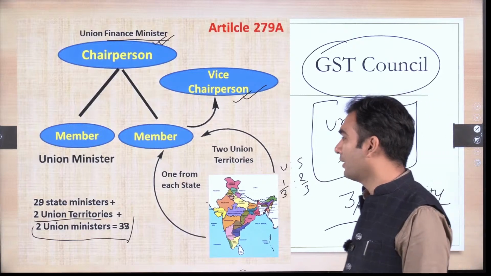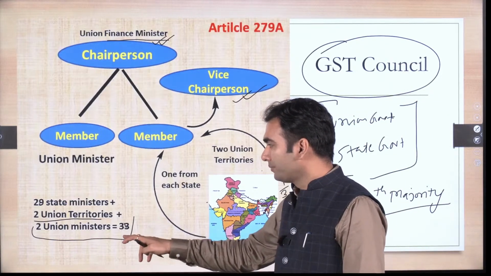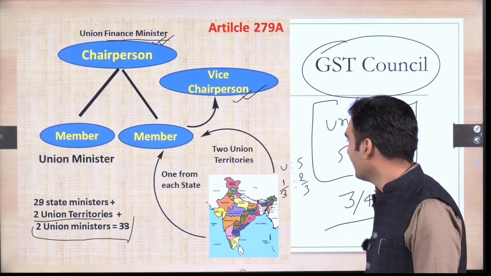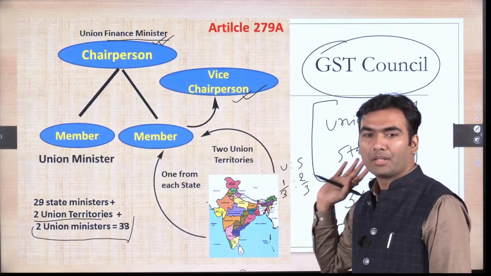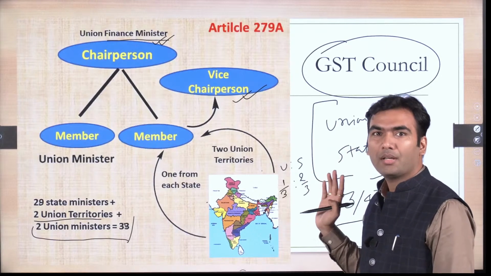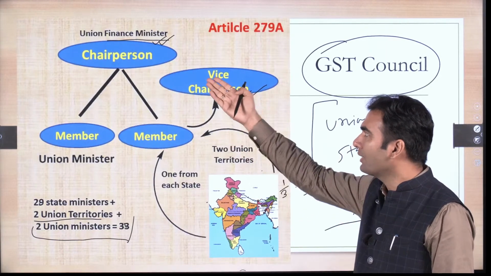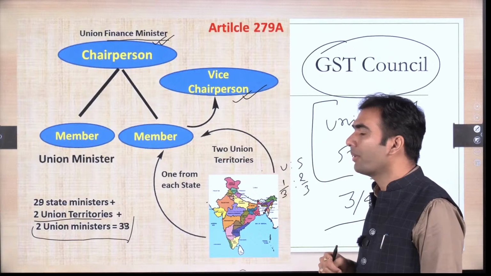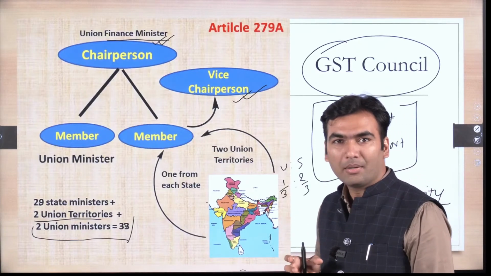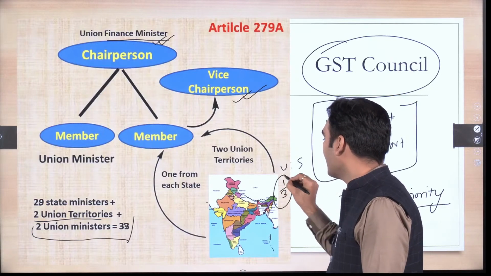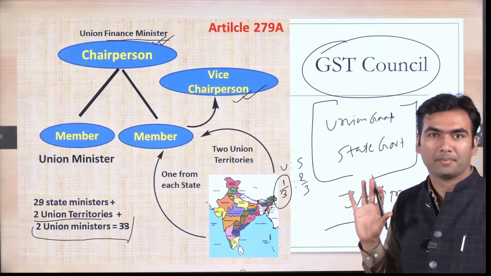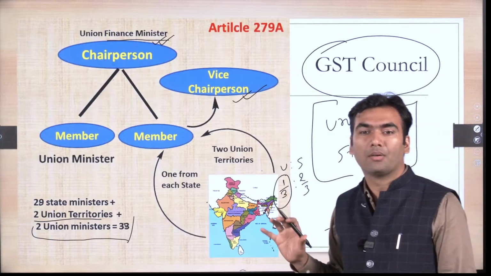So suppose I simply say that 1/3 of the voting power is going to the union altogether, whatever be the decision of the union members. Obviously, the finance minister and the other two members will have the same stand, whatever be their stand. So put together, their vote weightage would be 1/3 of the total vote weightage.